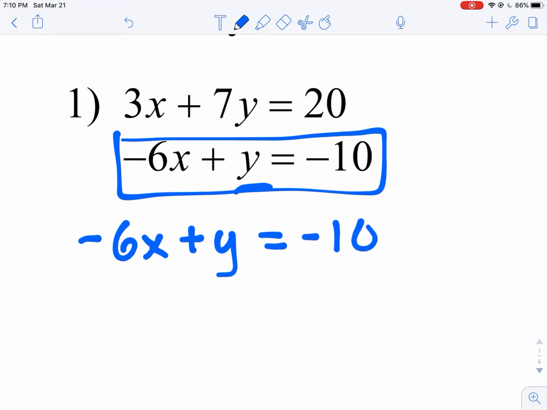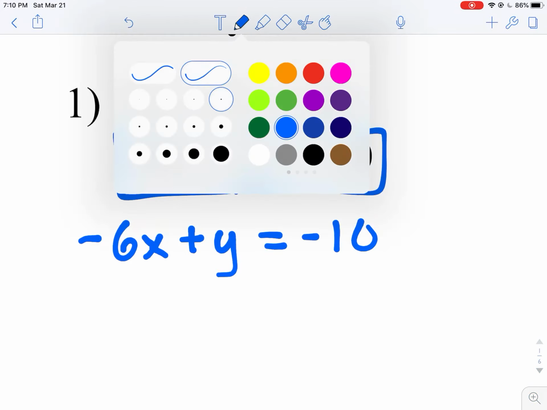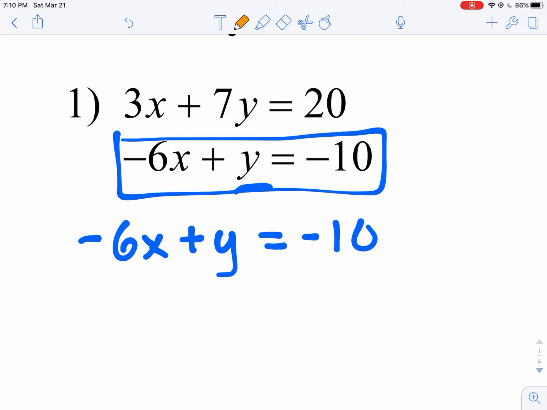So what that means is that I need to get rid of the -6x. So my next step is, how do I get rid of this -6x? And the answer is to add 6x. -6x plus 6x is 0. Bye-bye. Golden rule of algebra: what I do to one side, I have to do to the other.